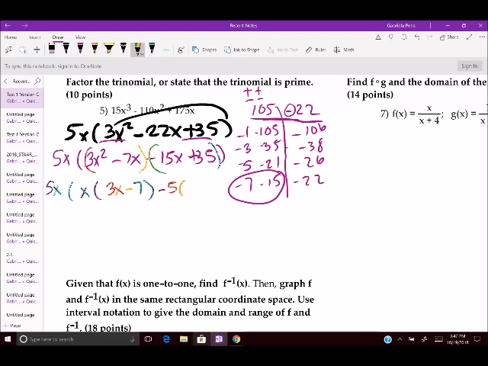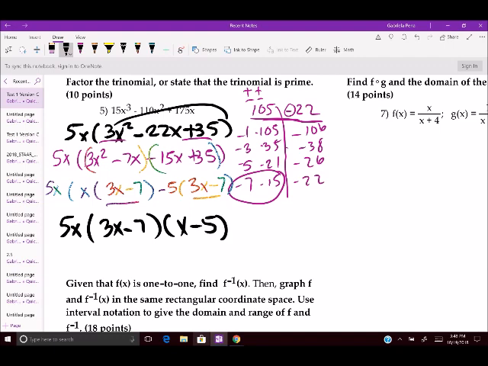Negative 15x divided by negative 5 is 3x, sorry. 35 divided by negative 5 is a negative 7. So these two are the same, so we have accomplished what we need. 5x times 3x minus 7 and x minus 5. So this is my answer.